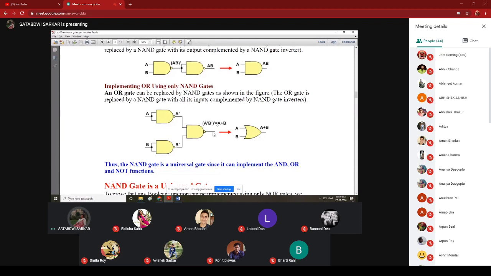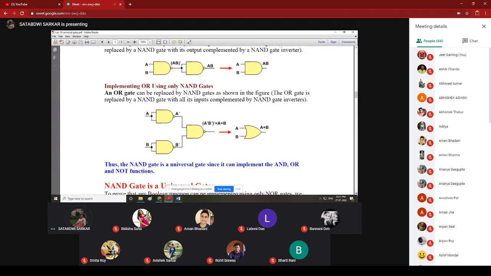So we are getting A plus B. This is the final output, and A plus B is also the output of the OR gate. So we are getting A plus B, that is the OR output, from these three NAND gates. So this is the OR implementation of logic gates using NAND gate.